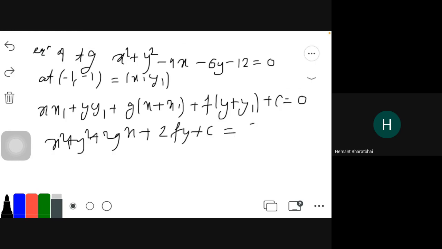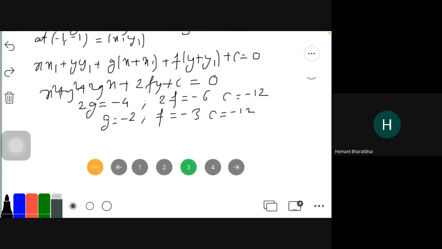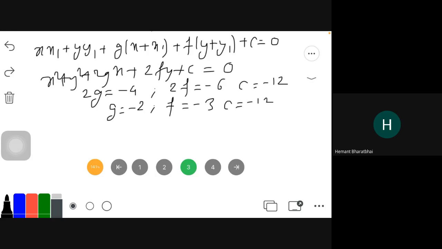So when you compare, you will get 2g is equals to minus 4, you will get 2f is equals to minus 6, and you will get c is equals to minus 12. So from here you will get g is equals to minus 2, f is equals to minus 3, and c is equals to minus 12. So we'll substitute these values, and point is minus 1 minus 1.